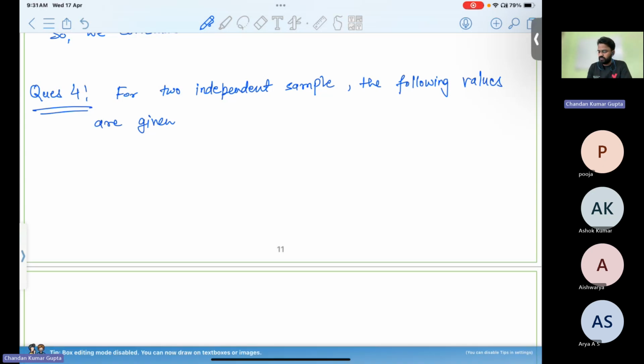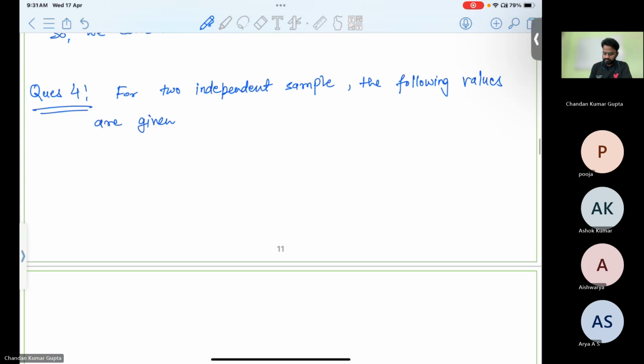They are given sample sizes for the first group and the second group, and the sum of squares of deviations about the mean.